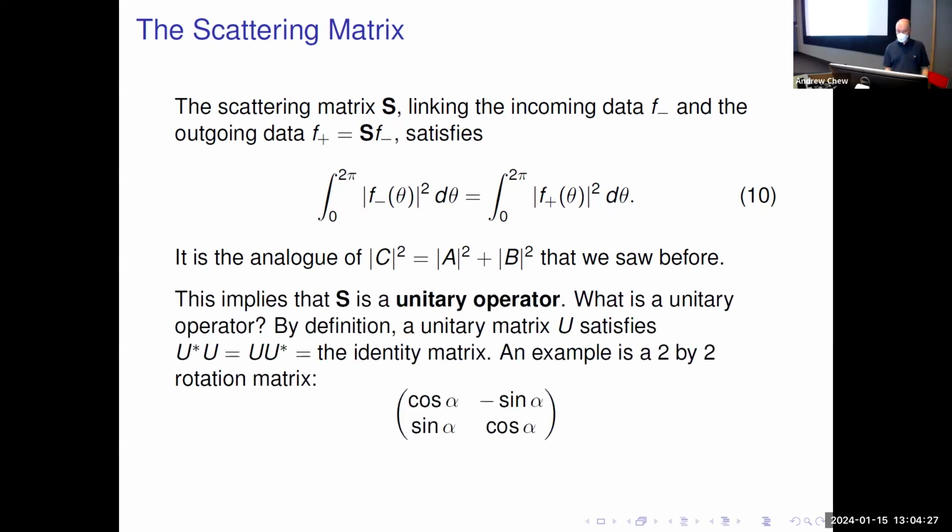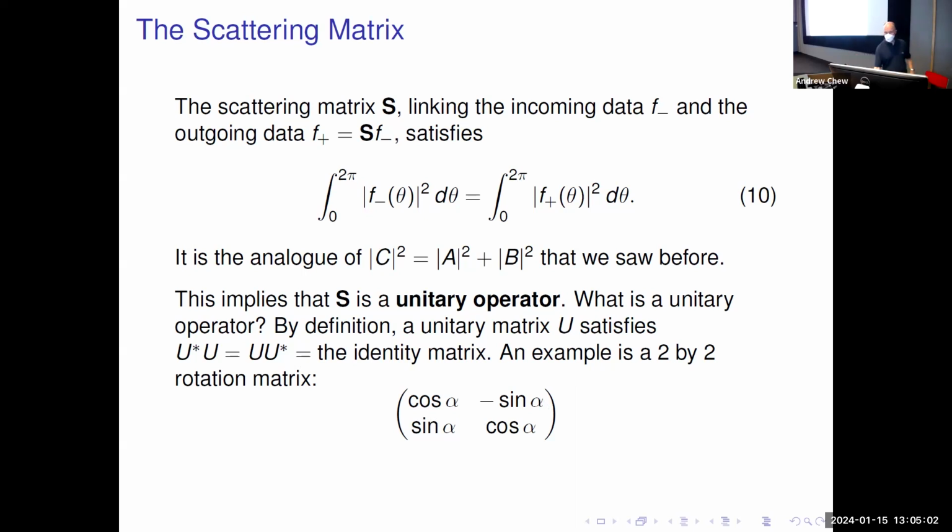And what does that mean? Well, a unitary matrix, by definition, is a matrix satisfying this equation: U U star equals U star U equals the identity. Star here indicates the conjugate transpose of the matrix. So a simple example is a 2 by 2 rotation matrix. That is a unitary matrix. If we take the star of this matrix, well, that's the conjugate transpose, but it's got real entries, so just the transpose.